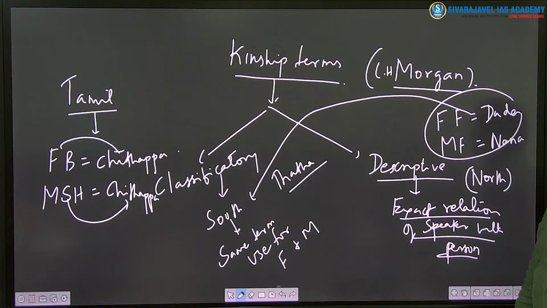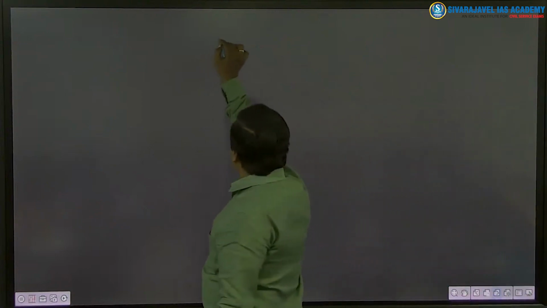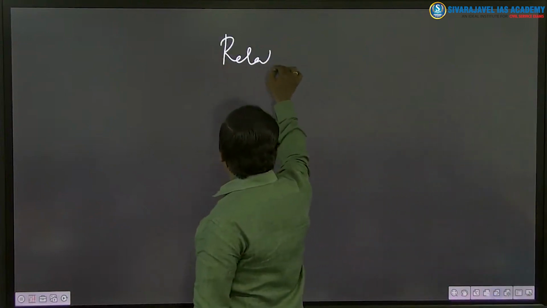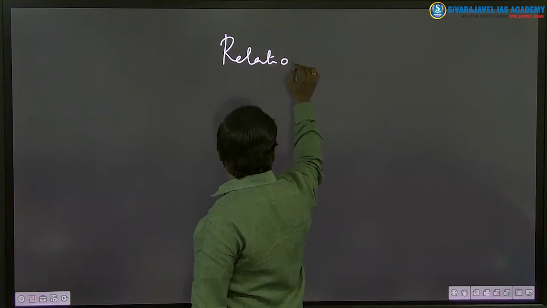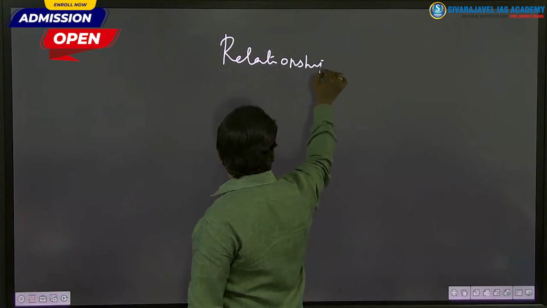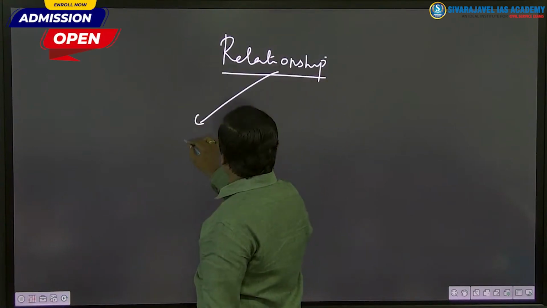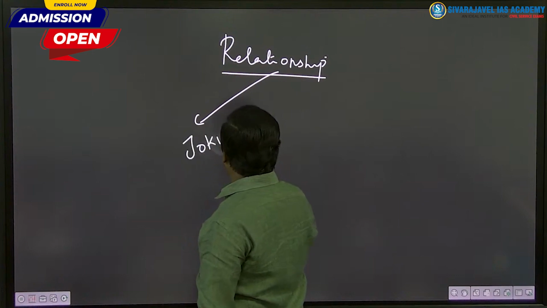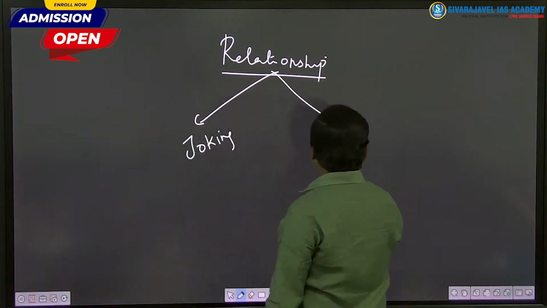Okay. Another interesting term I'll tell you now. You have two types of relations with people: joking relationship and avoidance relationship.